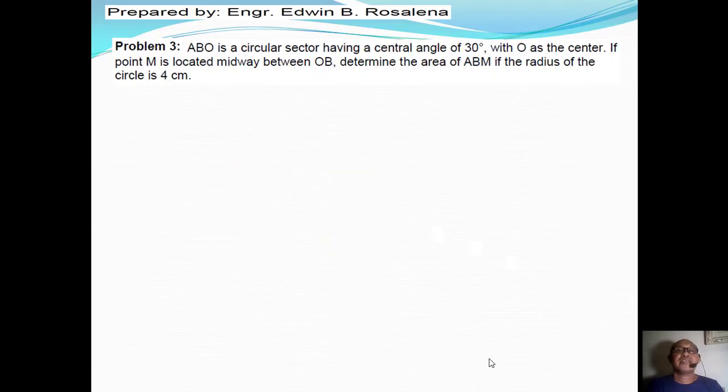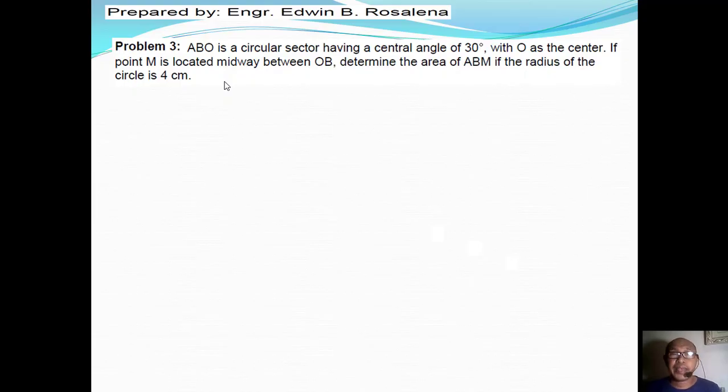Okay. So, problem 3. ABO is a circular sector having a central angle of 30 degrees with O as the center. If point M is located midway between OB, determine the area of ABM if the radius of the circle is 4 cm.